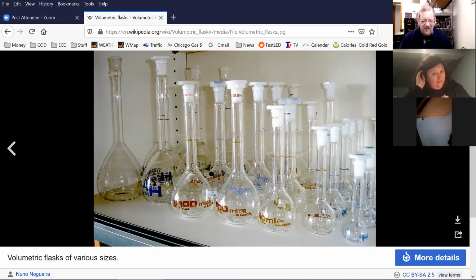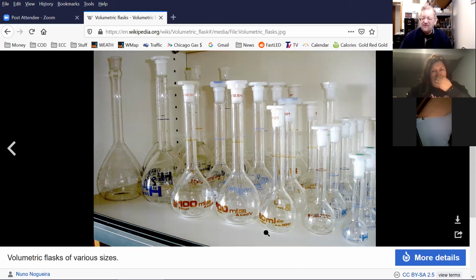And these are volumetric flasks. See the line right there on this one? You put the solid in there, your solute, you fill it up part way, you swirl it, dissolve it, then you add enough water to get it just to that line. And these are accurate to about 0.003%, which on 100 milliliters is quite accurate. On a liter, it's very accurate.